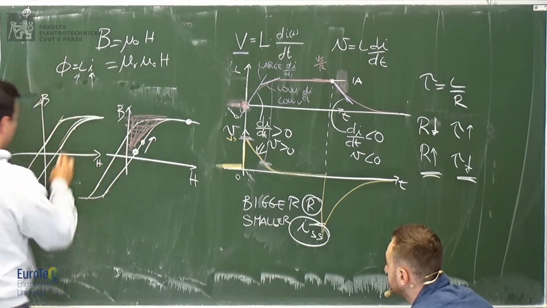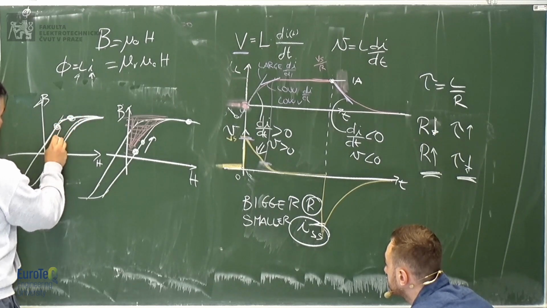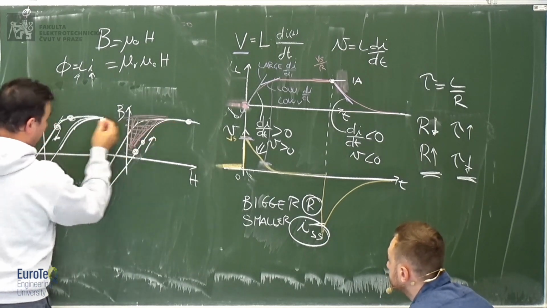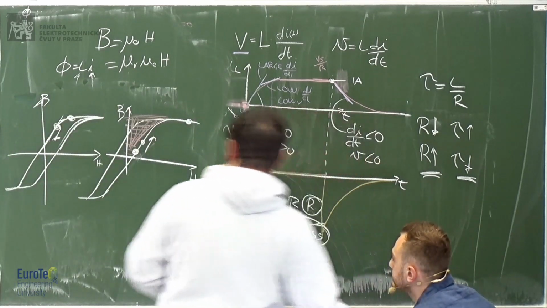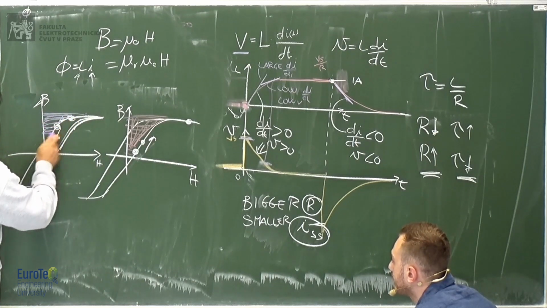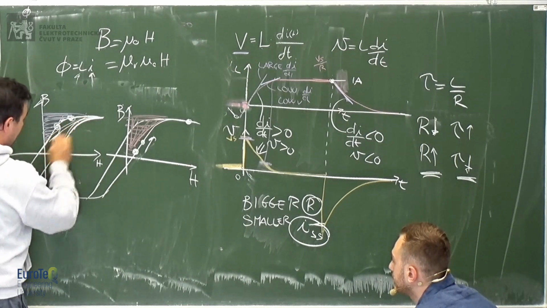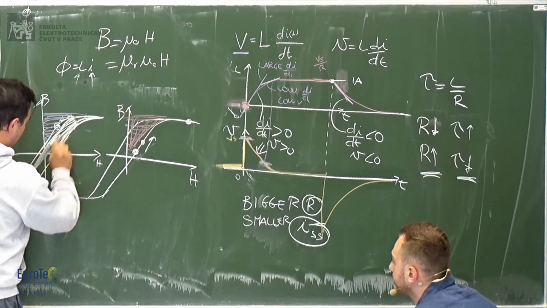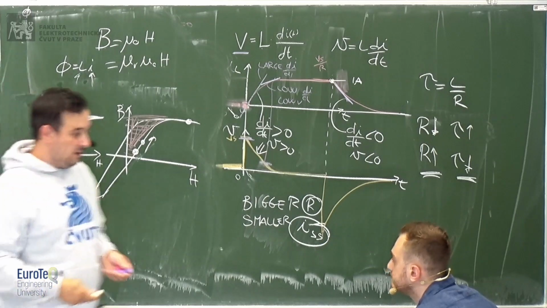When I return back through this path, I was going up in the curve on this path, but I return back on this path, which means that I don't get back this part of the energy, which is all losses. All this energy inside the BH loop is losses.